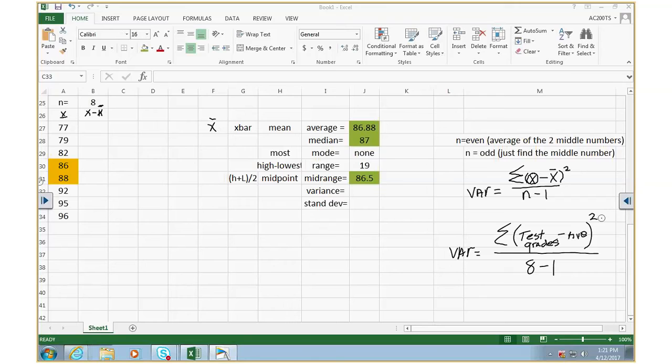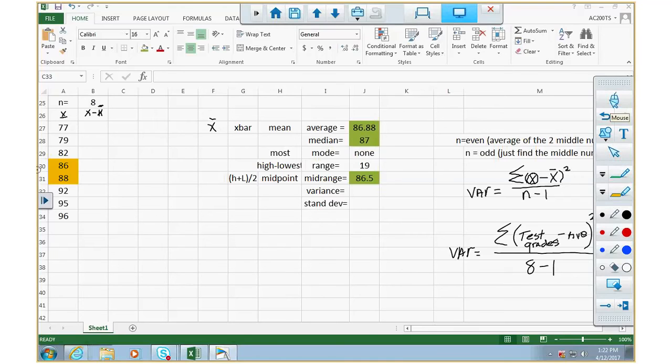What's the mean? 86.88. So everybody right now, write in your notes 77 minus 86.88. You do it in your calculator, and do them all the way down. Some of them are going to be negative, some of them are going to be positive. I'll do it, and you can check your answers with the spreadsheet.